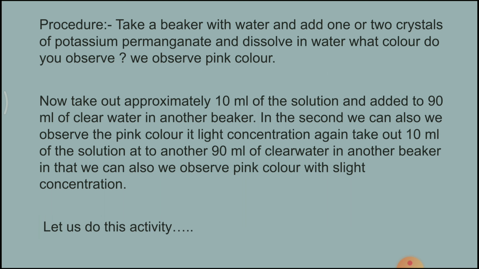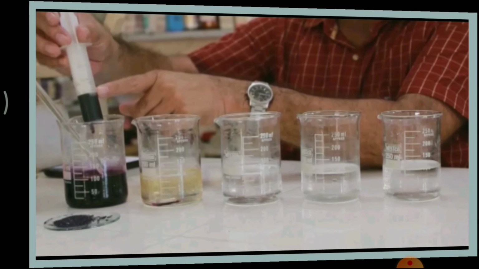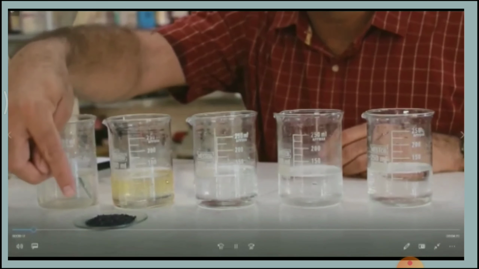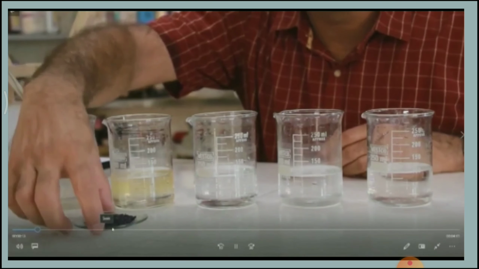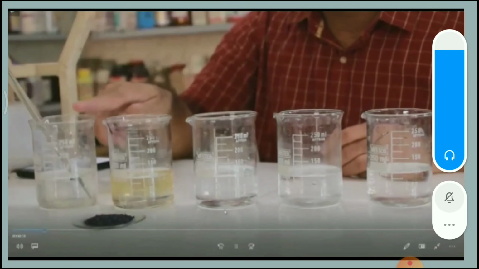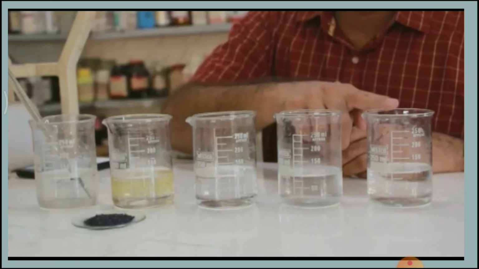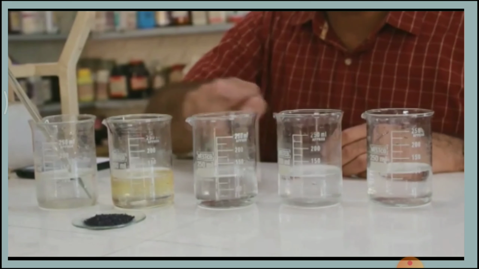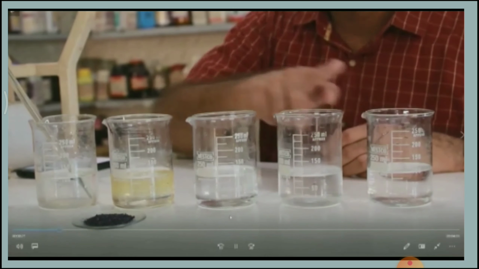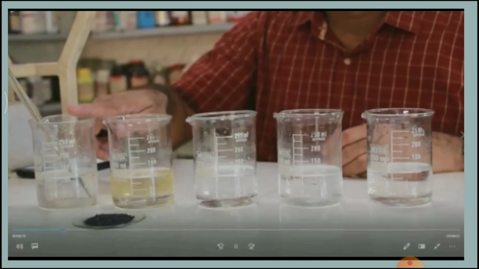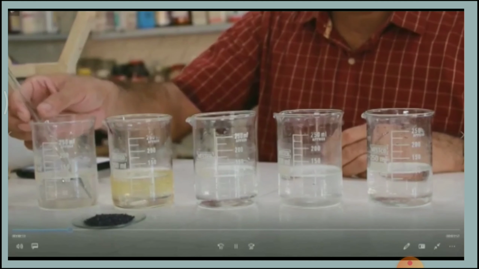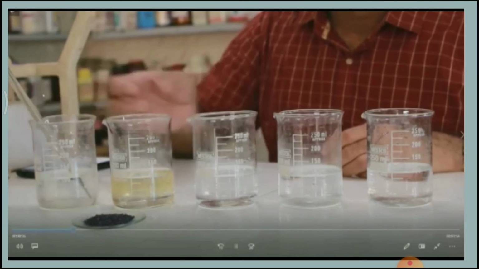Let us do this activity. See, children, here we are taking 5 glass beakers. For 4 glass beakers, 90 ml of water, and in the first beaker we have to take 100 ml of water. In that there is a stirrer.